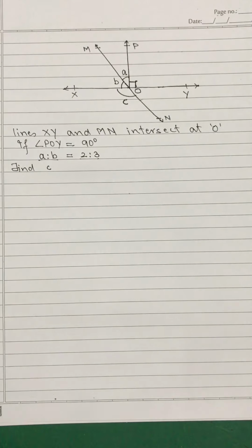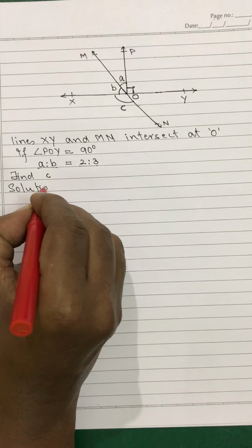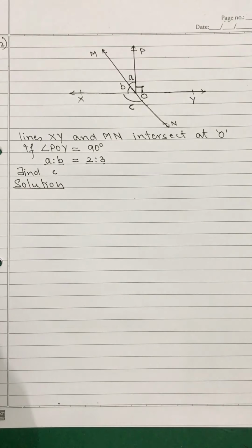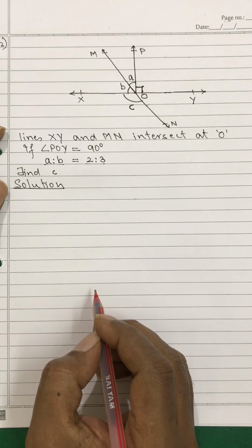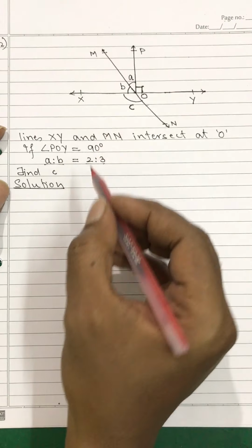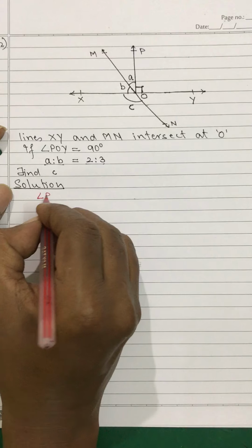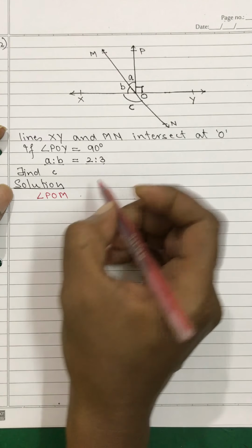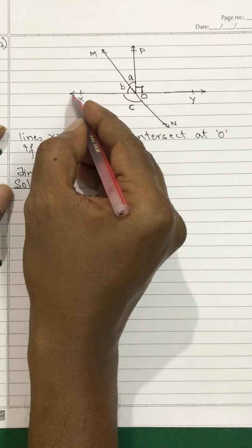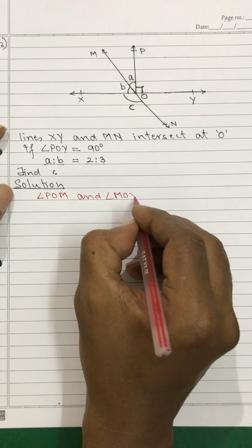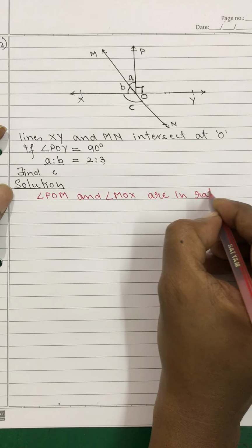So here I am starting the solution definitely. See, whenever a ratio is given, so here angle POM, this is angle POM, angle A, and angle MOX are in ratio.